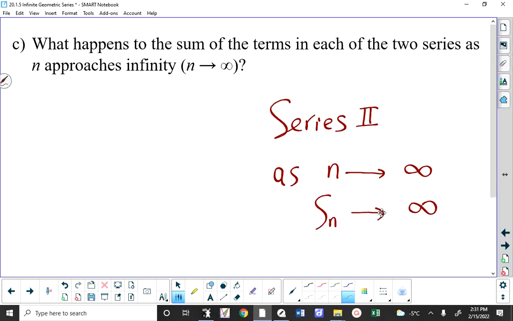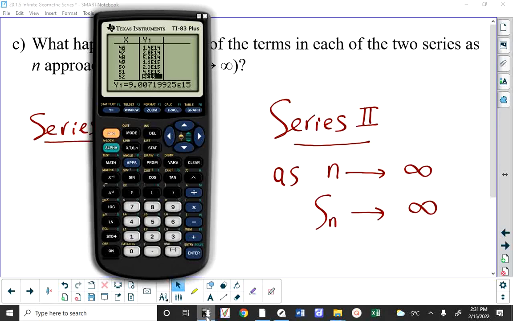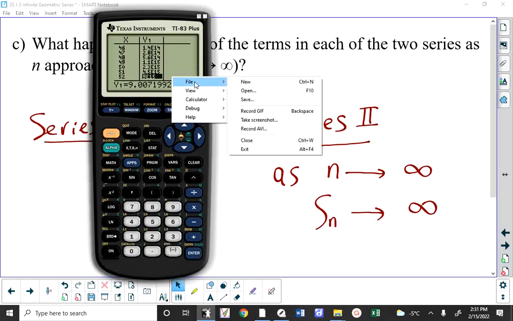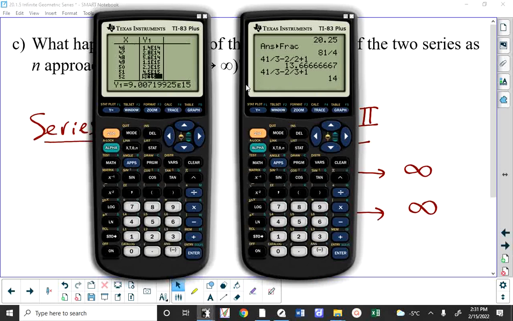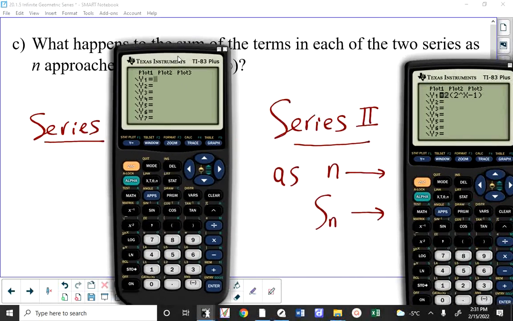But let's take a look at series 1. Now I have to re-enter. I should have had 2 calculators on the go here, but well, I'll get a second calculator going now. And in this calculator I have the formula for Sn for series 2.